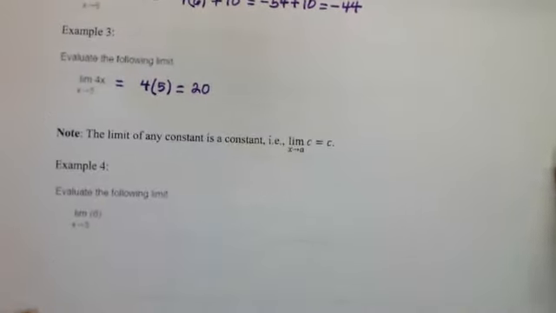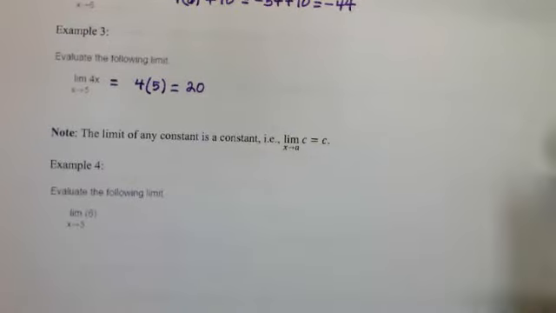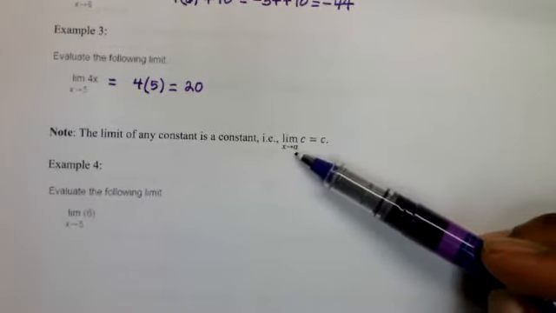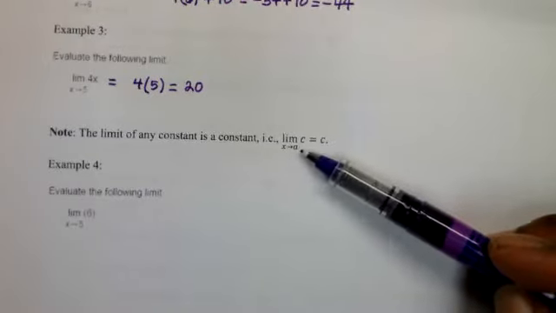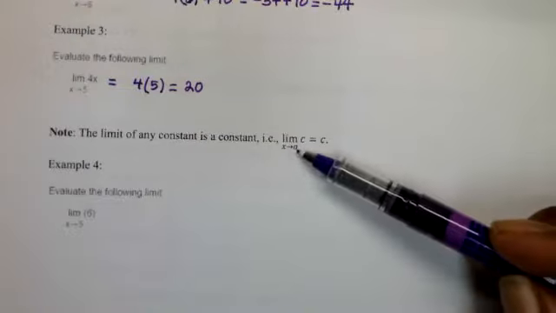All right, now there is a note that the limit of any constant is a constant. That means if I take the limit as x approaches whatever a is of that constant, it's just going to be that constant, because it doesn't matter where x is approaching.